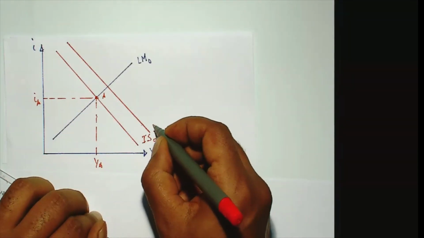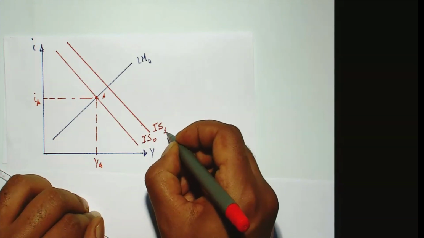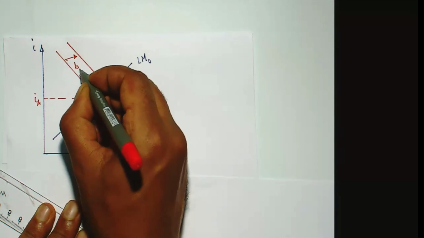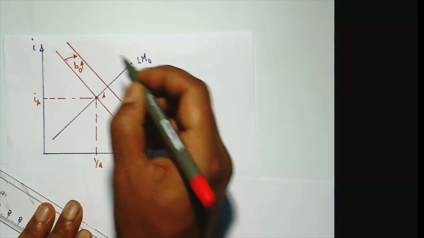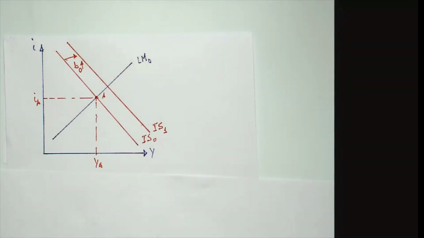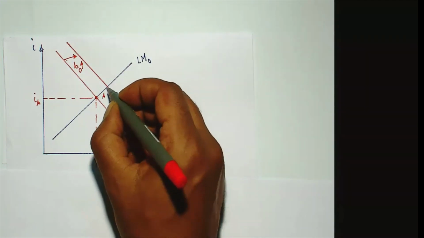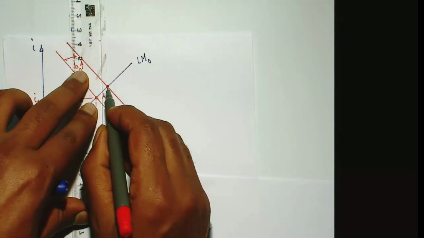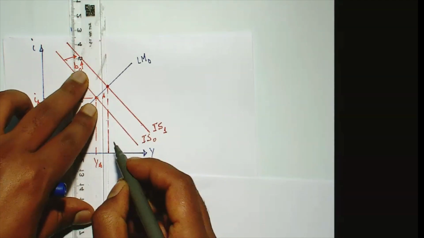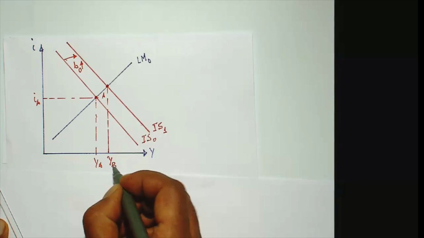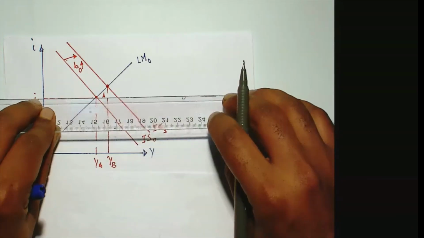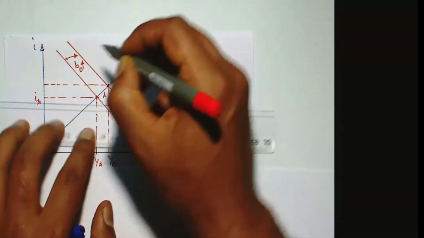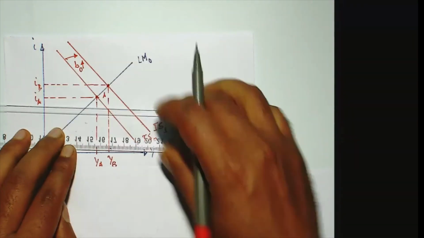The IS curve would shift rightwards to IS1, and this shift is motivated by the increase in the autonomous component of investment, which is B0. In this case, if we have an increase in investment, we would have an increase in income, which would give us a new level of income at YB, and we would have an increase in interest rate at a level of IB.